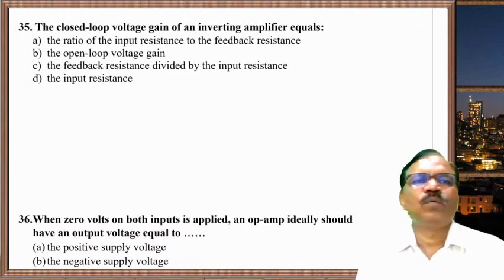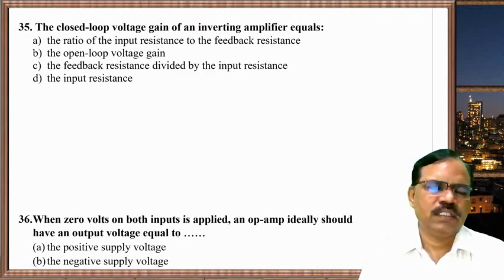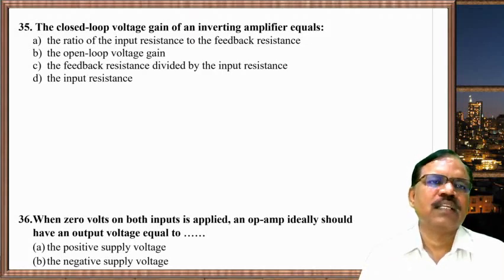The closed loop voltage gain of an inverting amplifier equals the ratio of the input resistance to the feedback resistance, the open loop voltage gain, the feedback resistance divided by the input resistance.